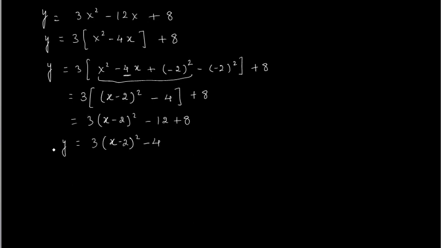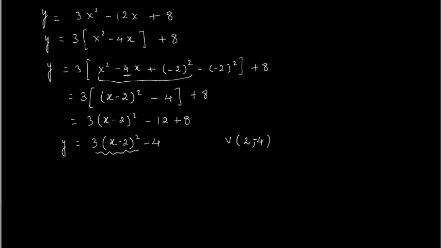So this equation is now in vertex form, and for the vertex, once we put x minus 2 equals 0, we get x equals 2. And y equals negative 4. So the vertex is 2 comma negative 4.